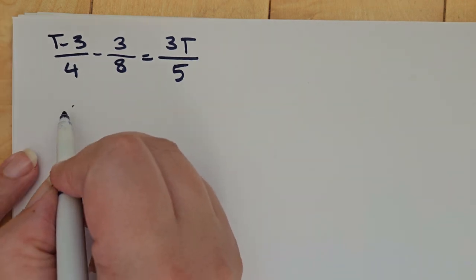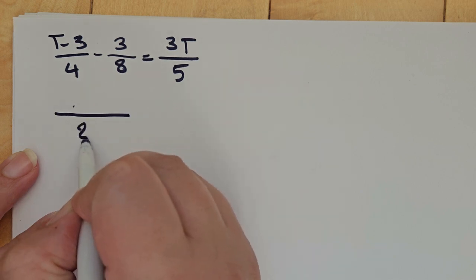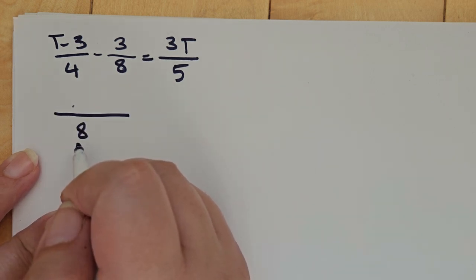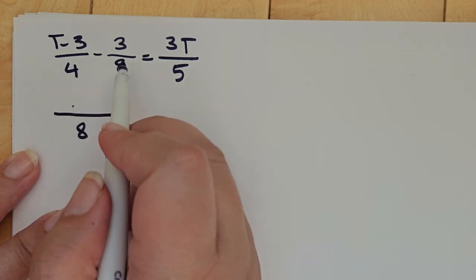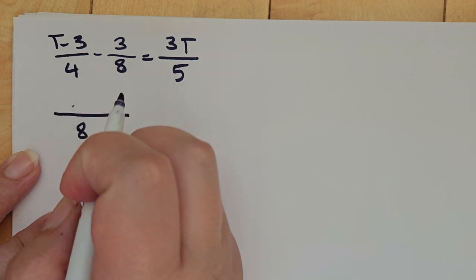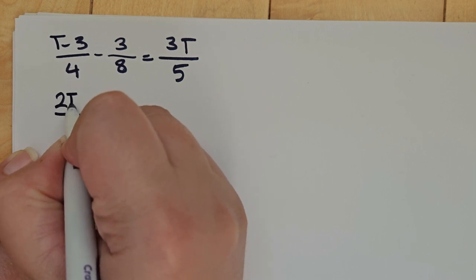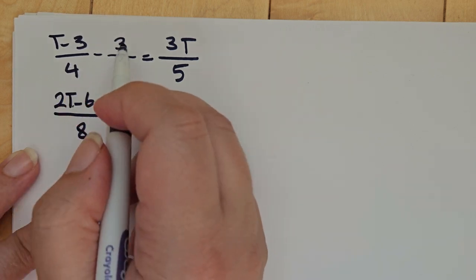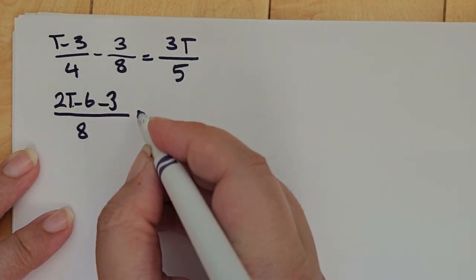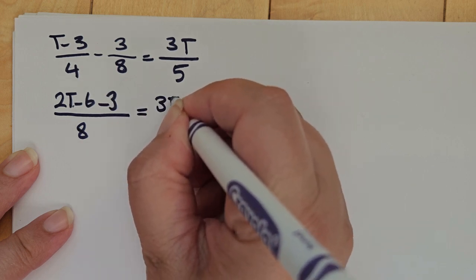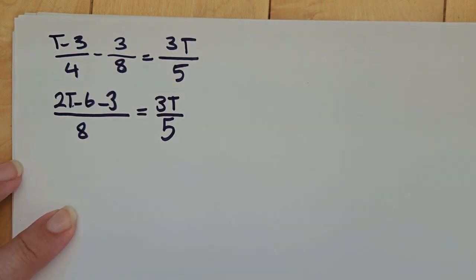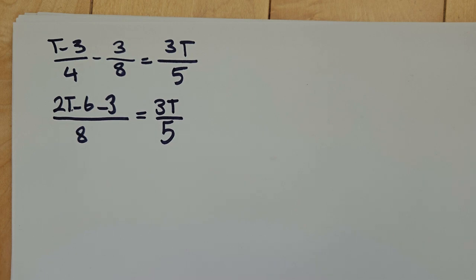So what I can do, I can start from this side, do a common denominator, which is 8, and then make these two into one fraction. By doing so, that would be 2t minus 6, and I have a negative 3 here, okay? So then I have 3t over 5, okay? Let's make it simple.